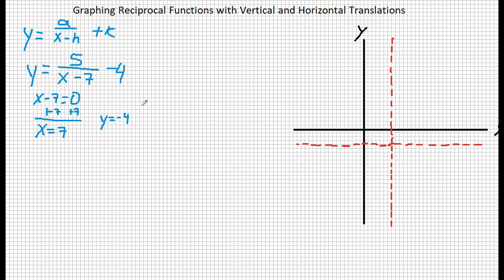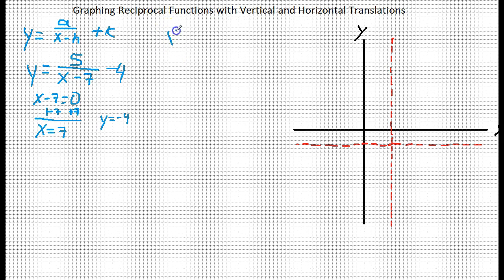Now, let me grab my calculator. The one on the computer doesn't seem to want to stay, so I will just use another calculator. Since this value is 7, we can't plug in 7, because it would be undefined. So I want to pick a few key points.